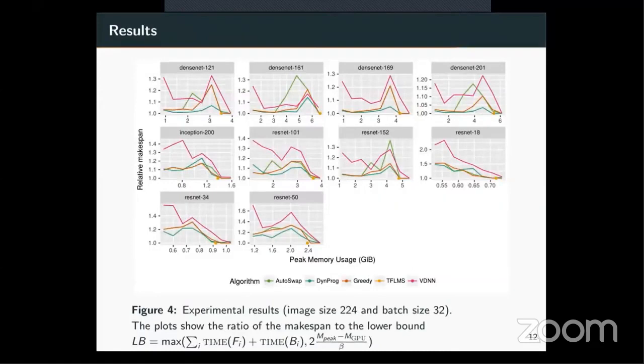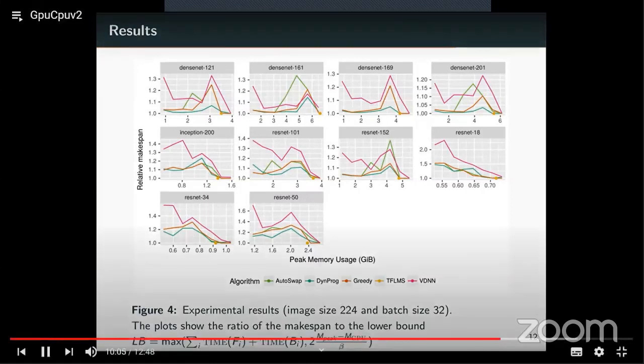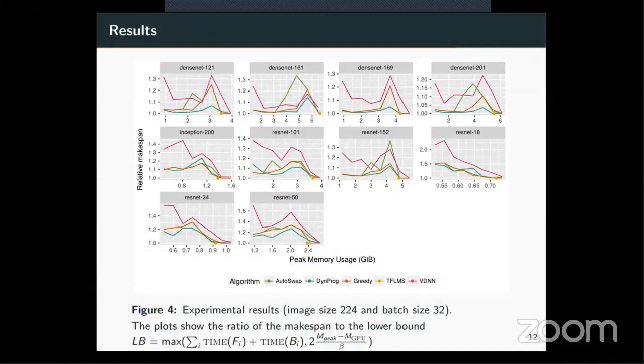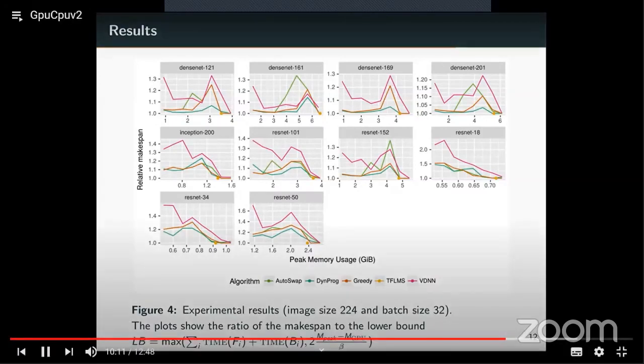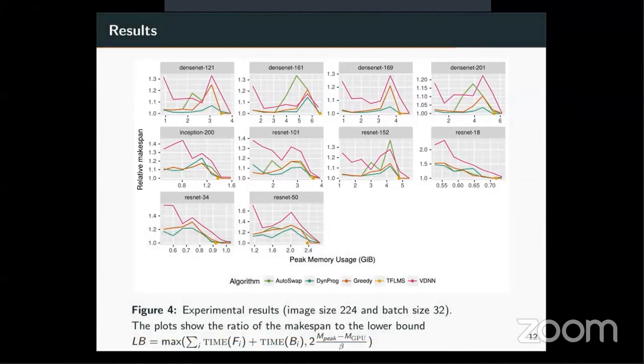To compare different methods, we have run the simulation for different types of convolutional neural networks. The solutions of the greedy and dynamic programming algorithms for the corresponding relaxations are adjusted to get the solution of the main problem by computing the no-wait and ordered schedule which offloads the same set of activations.